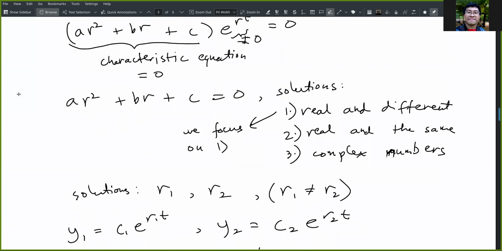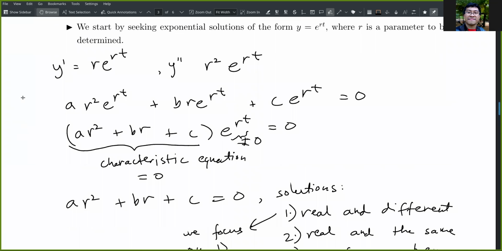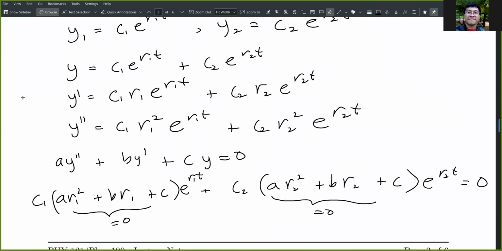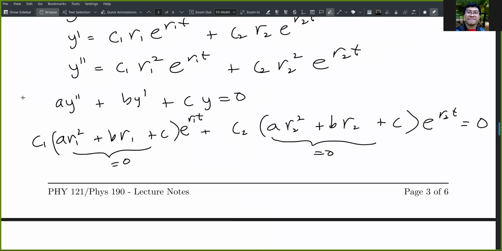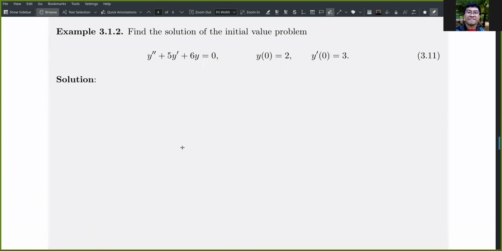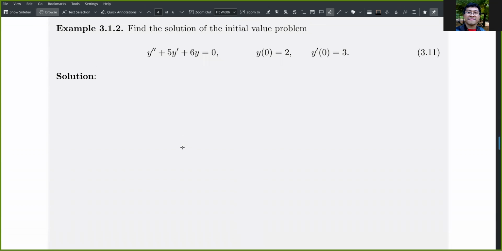We can also include initial conditions, and the values of c1 and c2 will then follow. So let's try to find the solution of this initial value problem: y double prime plus 5y prime plus 6y equals 0.